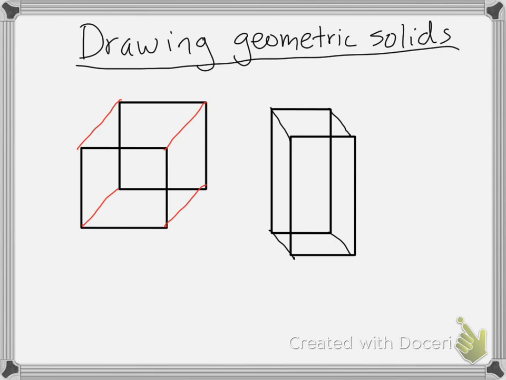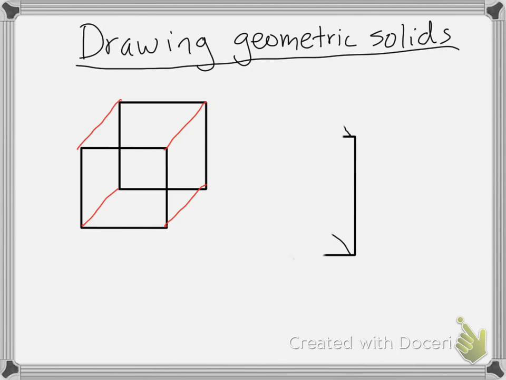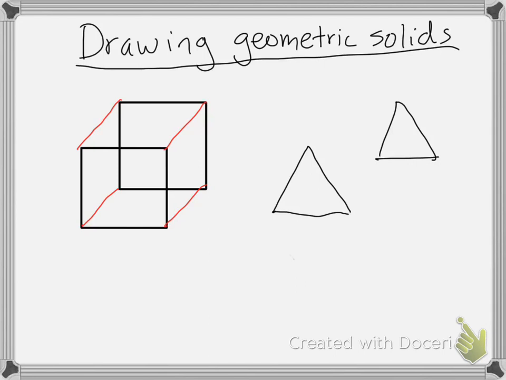Now with a triangular prism, you draw your triangles, but you do not overlap them. You draw them separated from each other. And then you connect the vertices again. So the top, left, and right vertices.